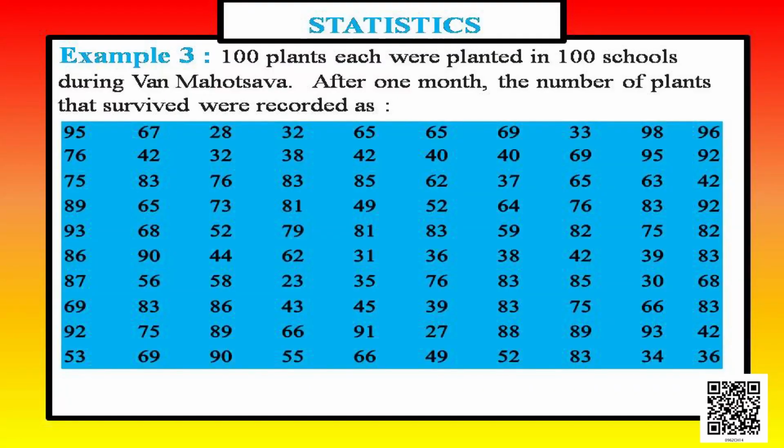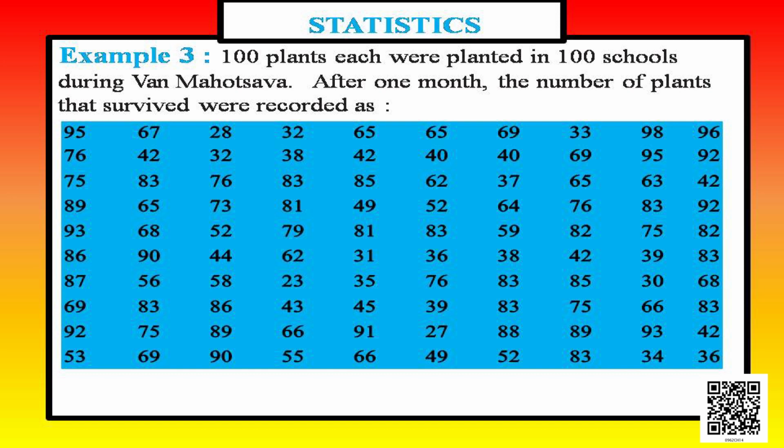For that I go to example 3 of your book. Please read. 100 plants each were planted in 100 schools during one Mahotsav. After 1 month, the number of plants that survived were recorded. They are as follows. Please see. They are 95, 67, 28, 32, 65 and so on.